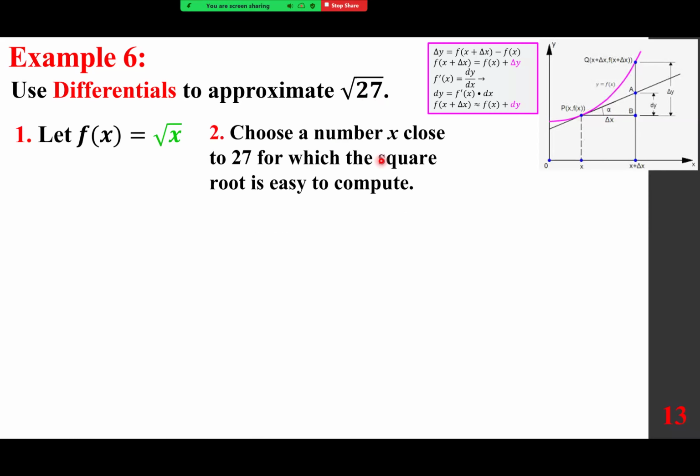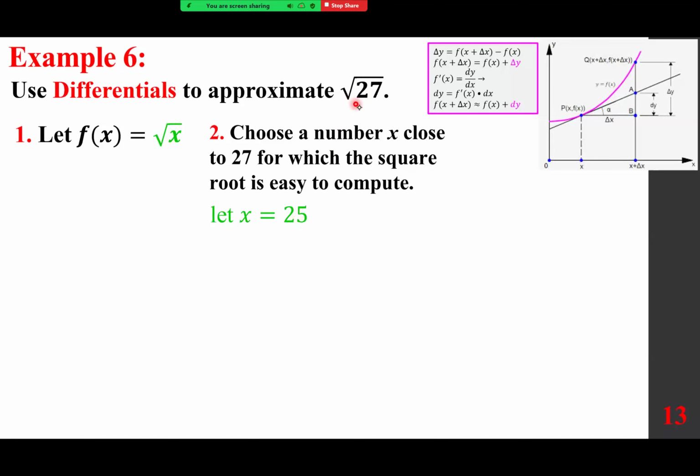Choose a number x close to 27 for which the square root is easy to compute. What is the closest number to 27 you can think of that you can take a square root of easily? 25. Beautiful. Because we know the square root of 25 is 5. And now from 25, we're going to go to 27.